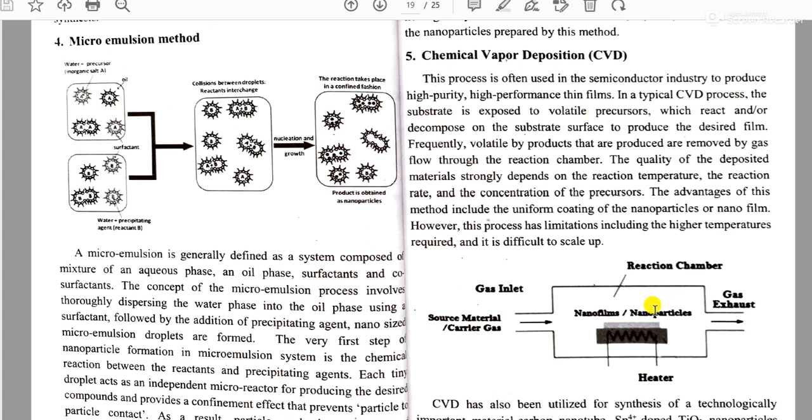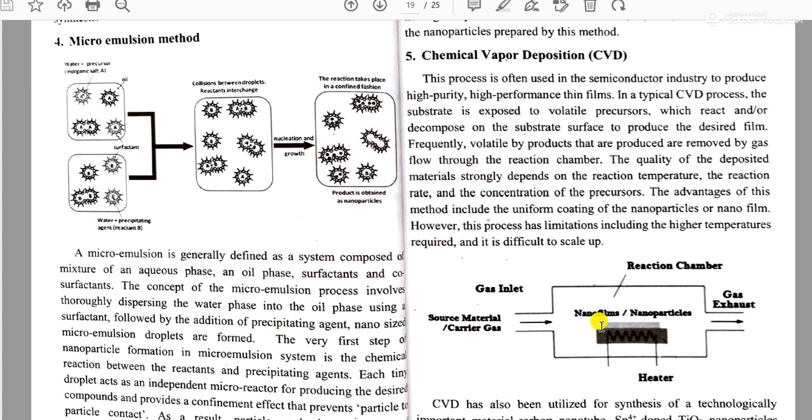So here you know that in this CVD technique we use a substrate, and over the substrate our material is coated. For that we use a volatile precursor. Okay, we use a volatile precursor which reacts and or decomposes on the substrate surface to produce the desired film.